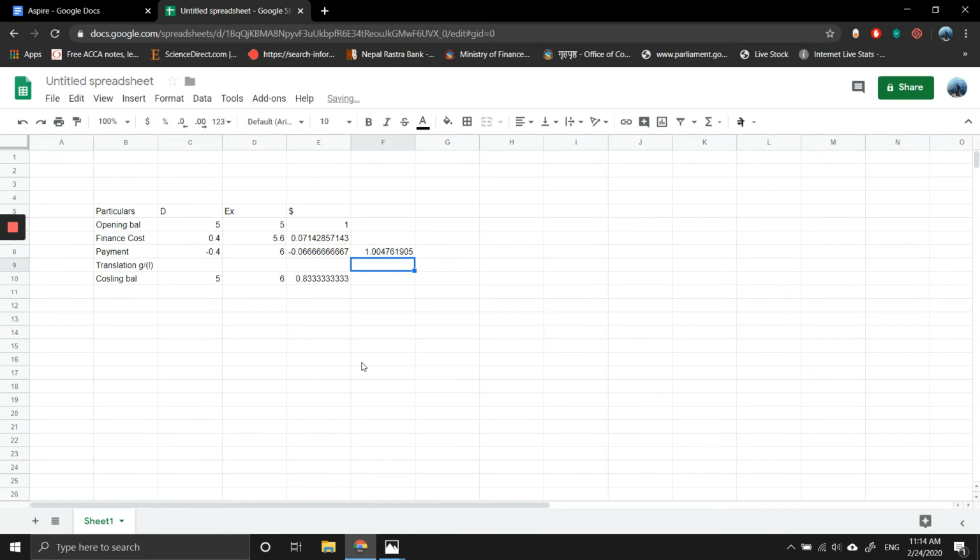This will be 1 point something, so this minus this. That's our exchange gain. Since it is a loan, it will be like this.